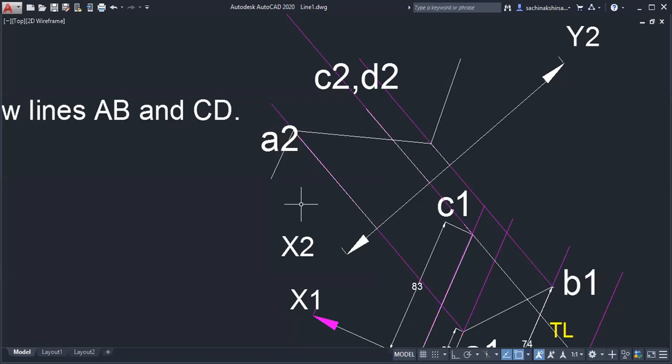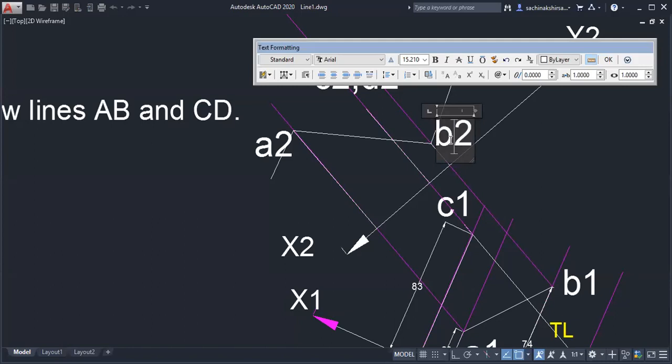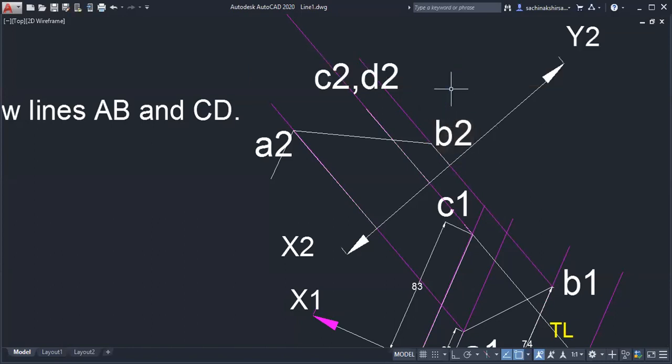And D2. So what will you say in this view?